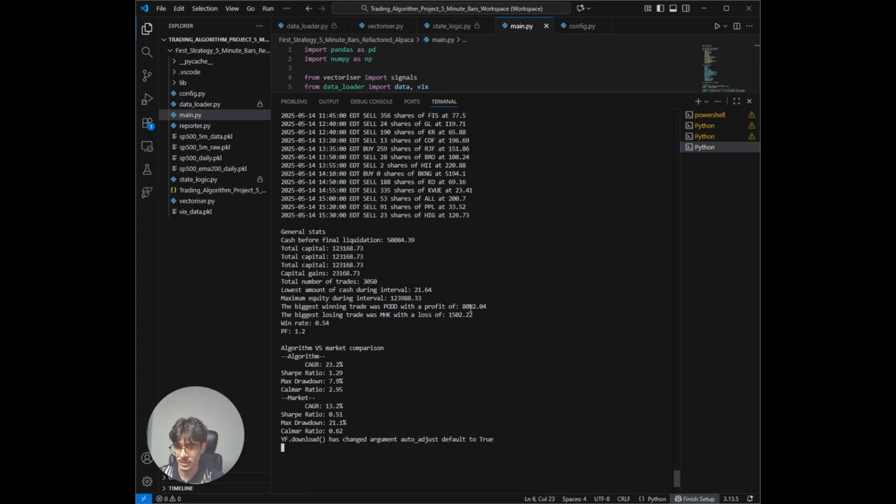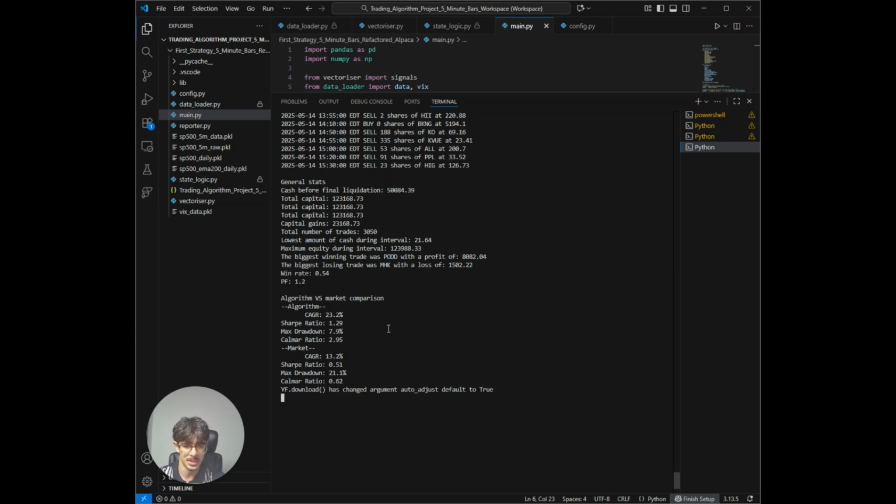It also tracked the largest winning trade, which was Insolits, and the largest loss, which was Mohawk Industries. The win rate, which means the percentage of trades that closed profitably, came in at 54%, and the profit factor was 1.2, meaning that for every dollar lost, we got $1.20 back.